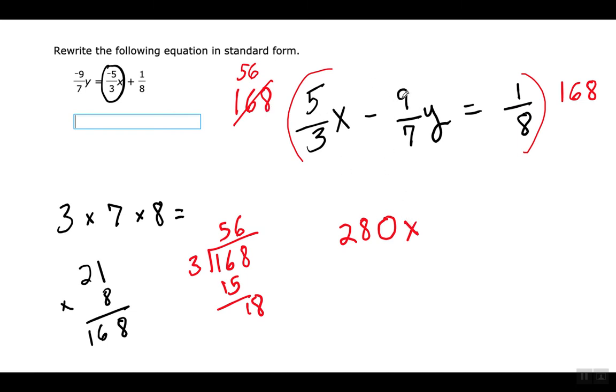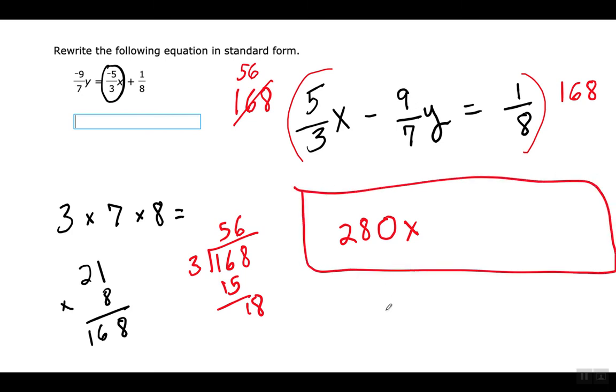Now I'm going to do the same thing right here. I'm multiplying 168 times negative 9 over 7. So first I'm going to do 168 divided by 7. I'm kind of running out of space, so let me do it down here. 168 divided by 7 gives me 24.